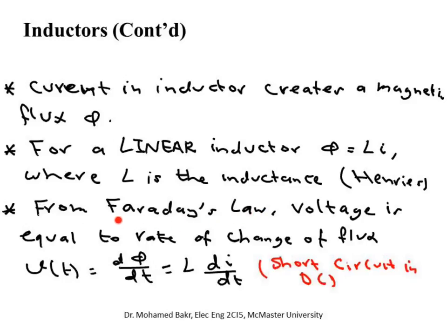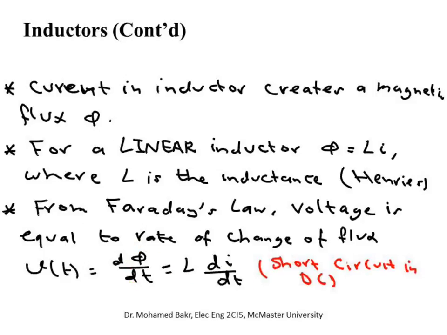Now the basic relationship relating the voltage and current comes actually from an electromagnetic law called Faraday's law. Faraday's law is simply saying if you have an electromagnetic structure and the flux going through that structure, phi, is changing with time, then this rate of change d phi by dt will create a voltage difference in that structure. Here the structure is simply the coil or the inductor. So there will be a voltage difference between the terminals of the coil equal to the rate of change of the flux, but the flux is equal to Li.